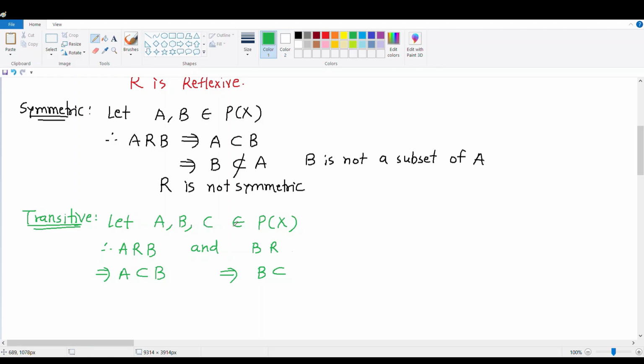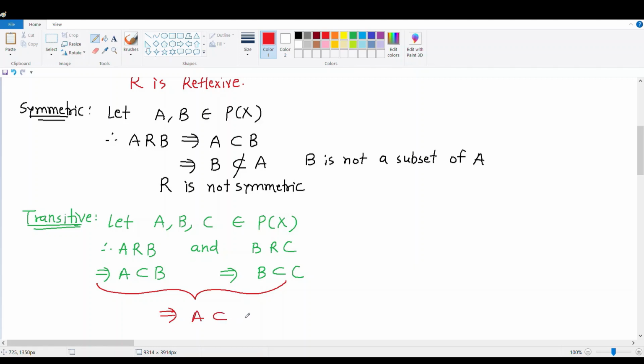So A, B, C, they all belong to our universal set P of X. And we are taking that A is related to B and B is related to C. That means A is a subset of B and B is a subset of C. Now if A is a subset of B and B is a subset of C, this implies what?